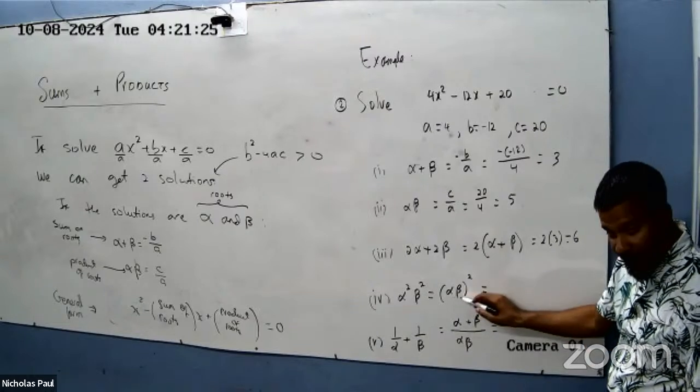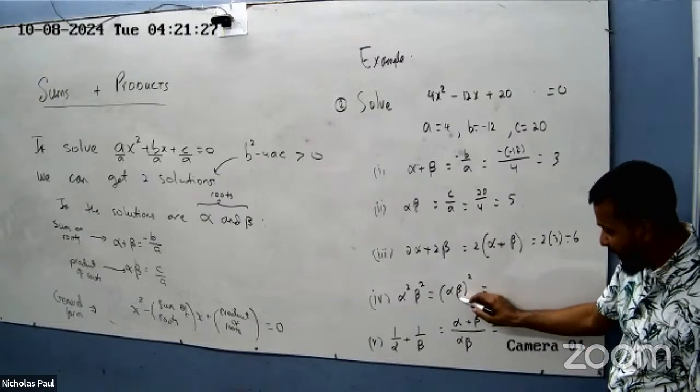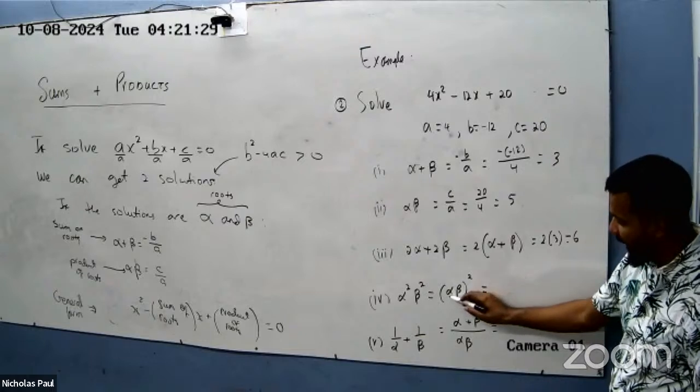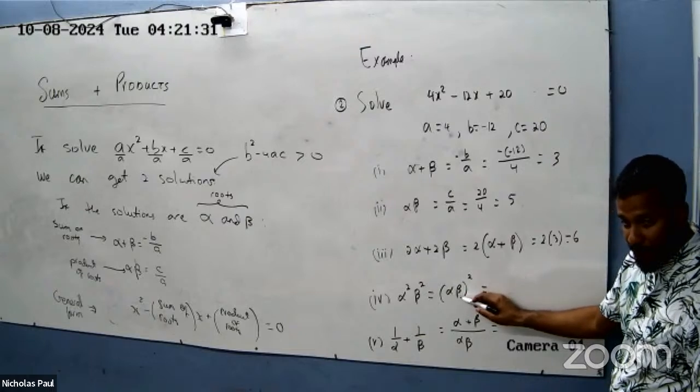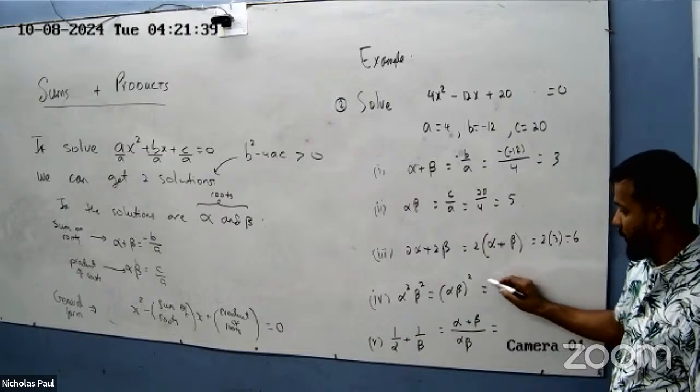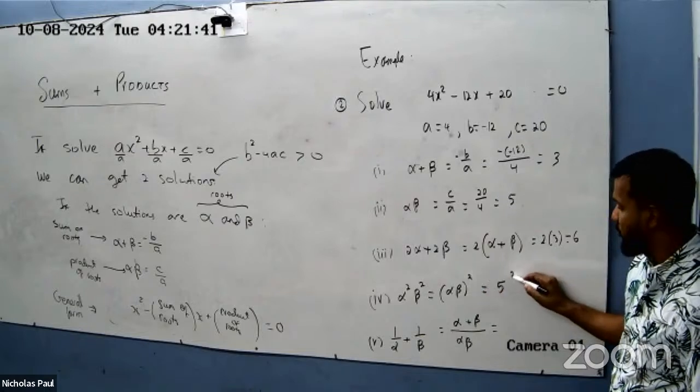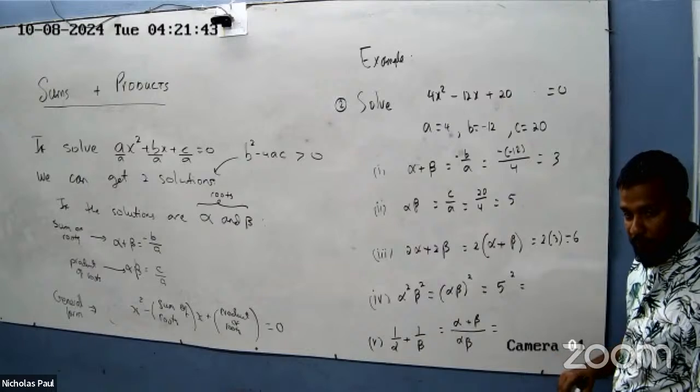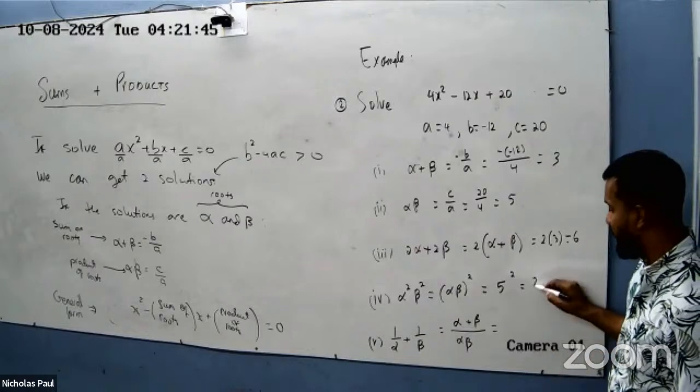What is it saying here? It's saying alpha beta squared. So what's alpha beta? 5. I'll square it, right? What is 5 squared? 25. Right?